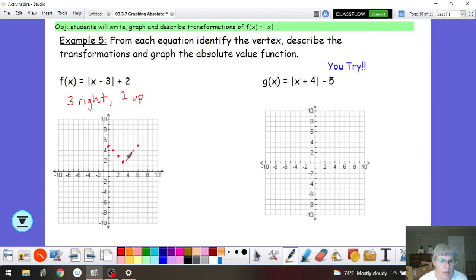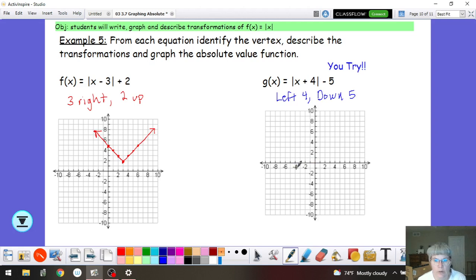And then draw. These are called rays in geometry when you have an end point and continue on forever in one direction. Draw rays on either side of the vertex. The second example, because it's x plus 4 inside the absolute value, that's going to be left 4. And then we have minus 5 outside, so that's going to be down 5.